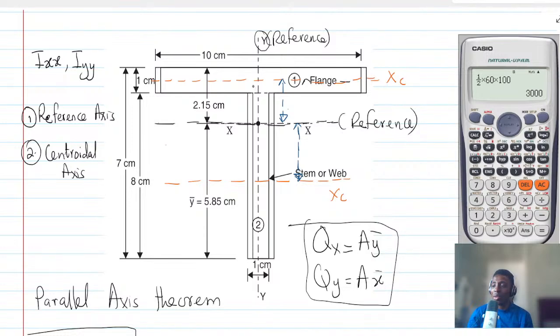It does not have any distance along the x as the center. So already x bar is 0. So all we have to do is to calculate y bar.